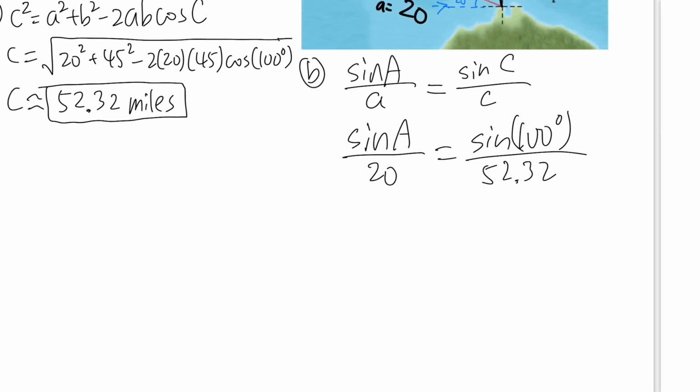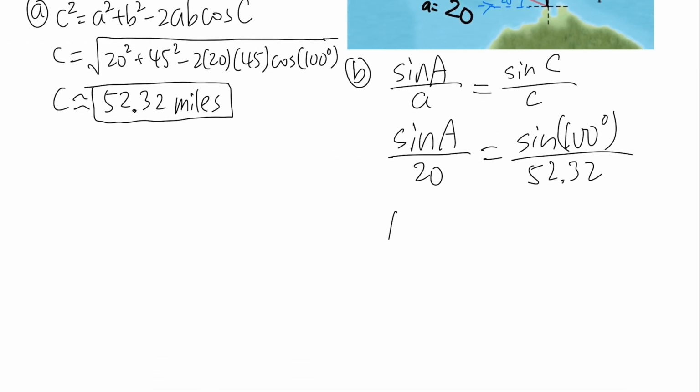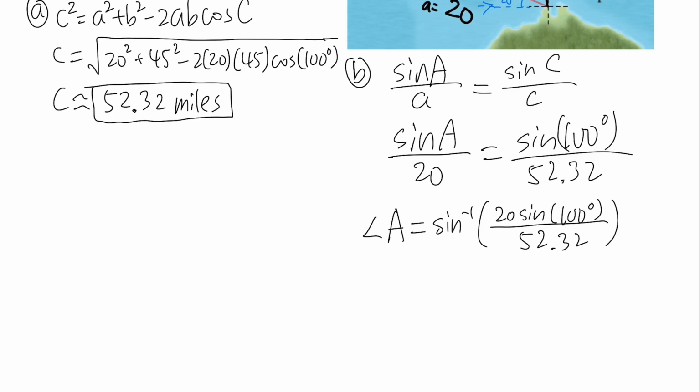And then let's just look at this and then solve it. Angle A will be the inverse sine, multiply the 20 on both sides, right? So we have the 20 here, and then sine of 100 degrees over 52.32, right? And let's go ahead and just compute that.